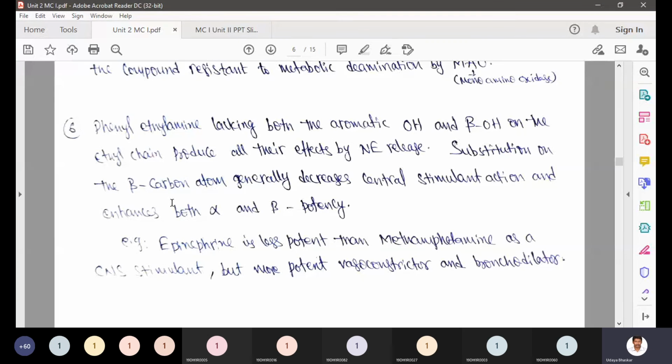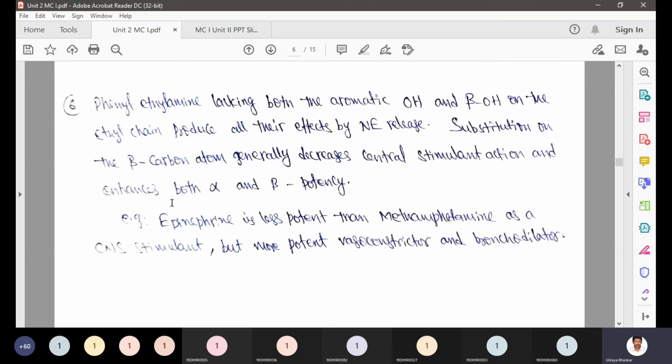Substitution on the beta carbon atom generally decreases central stimulant action and enhances both alpha and beta receptor activity. So the reason for not showing central nervous system stimulation is the beta carbon substitution. So example, epinephrine is less potent than methamphetamine as a CNS stimulant. So observe the structure of methamphetamine and epinephrine, but epinephrine is more potent vasoconstrictor and bronchodilator.